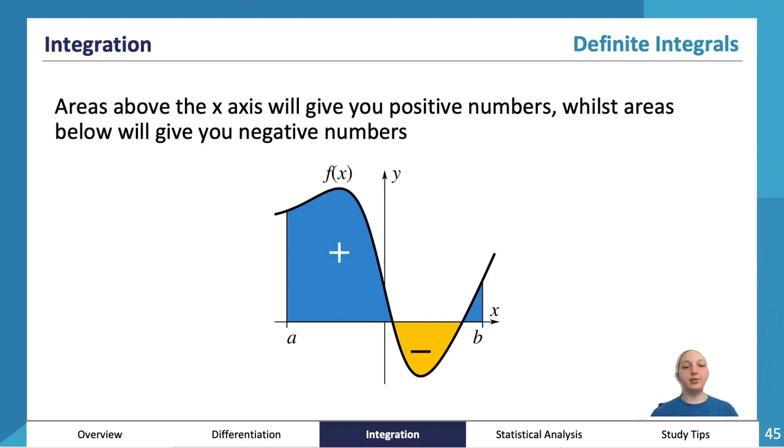So areas above the x-axis will give you positive numbers, whilst areas below the x-axis will give you negative numbers. Okay, that's because when you integrate them, if they're below the x-axis, you're integrating with negative y values, and above the x-axis, you're going to have positive y values, which is where you get positive area, negative area.